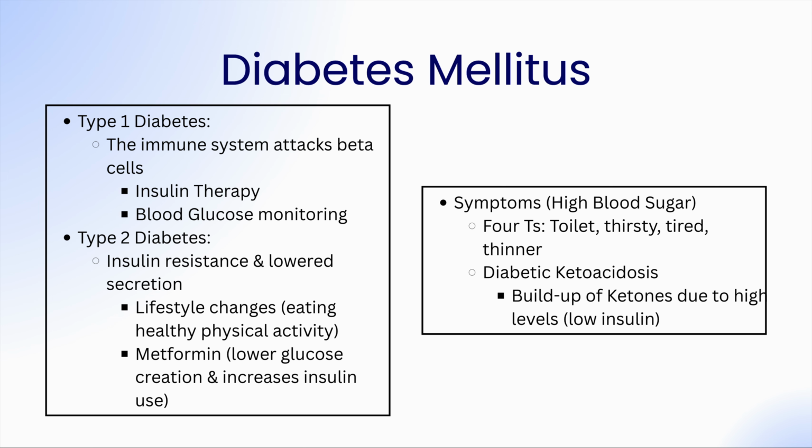Because there is less glucose in the cells to be used for energy, and it's in the bloodstream instead of the cells, fat is being used for energy instead, which leads to a buildup of acids or ketones in our bloodstream, which can cause a bunch of unpleasant symptoms, to say the very least.